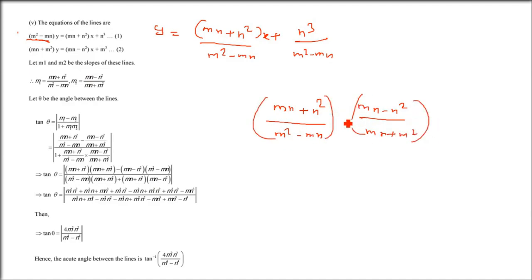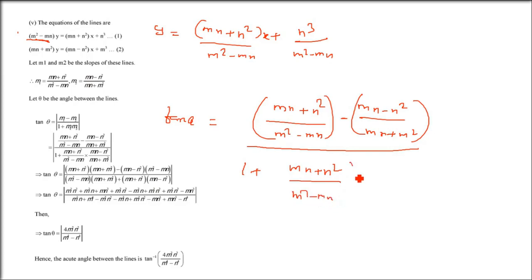And this is m1 minus m2, tan theta we need to find out, by 1 plus m1 m2. So mn plus n square by m square minus mn, and multiplied by mn minus n square by mn plus m square. So what do you get? So I'm going to tell you here only. So multiply these two.